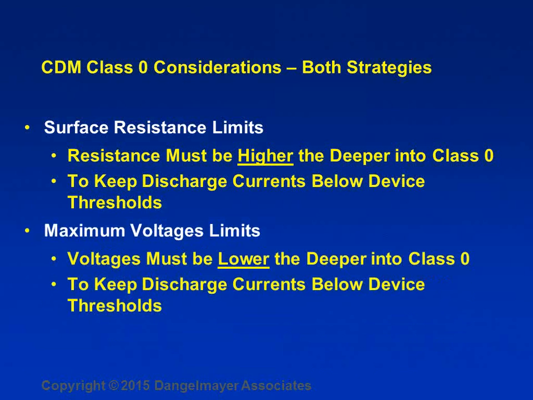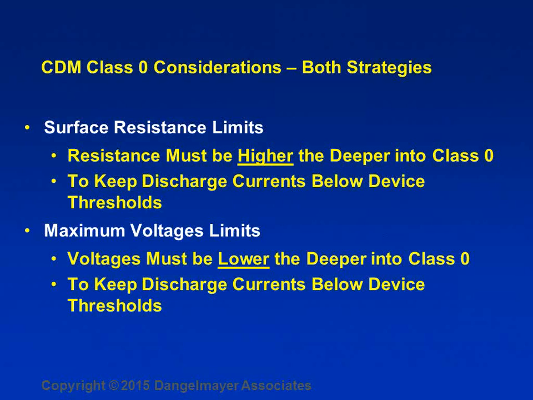Regarding voltages, the same concept applies. The voltages must be kept lower, again, to prevent discharge currents for these extremely sensitive devices, because even lower voltages will produce currents that are strong enough to damage devices.